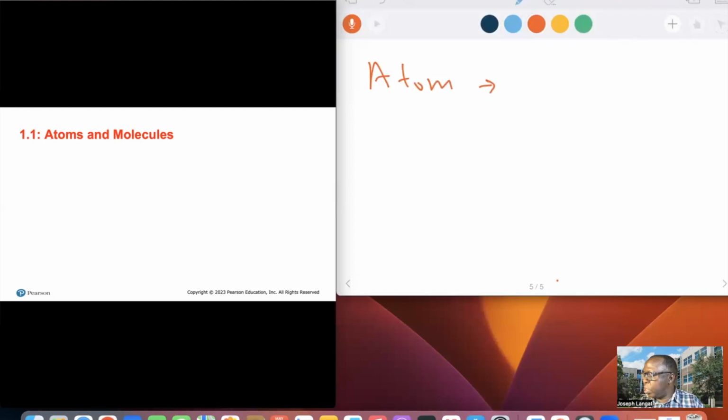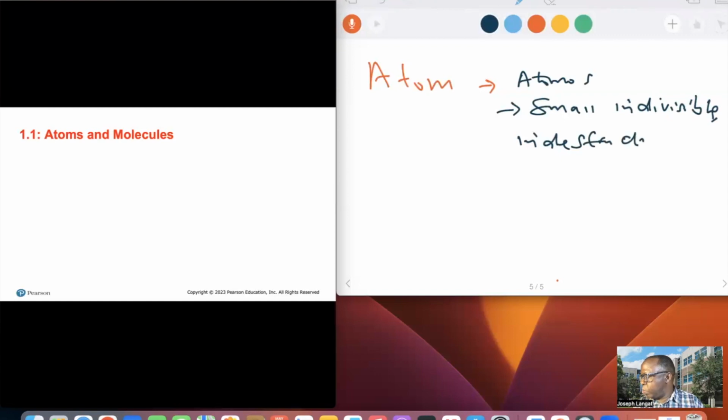It is a Greek term derived from atomos, which means small, indivisible, indestructible part of matter, all right?